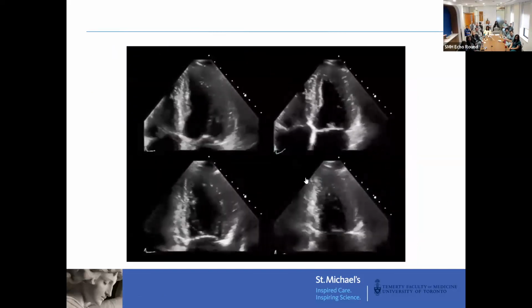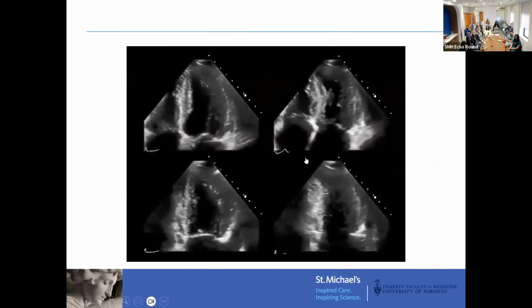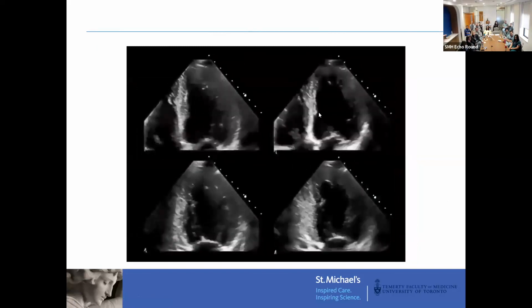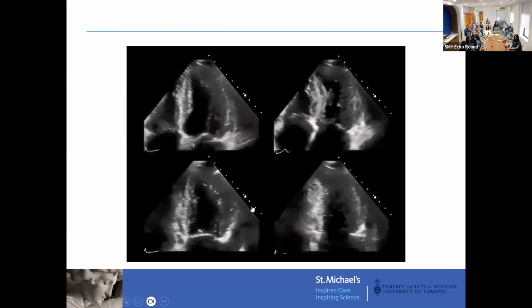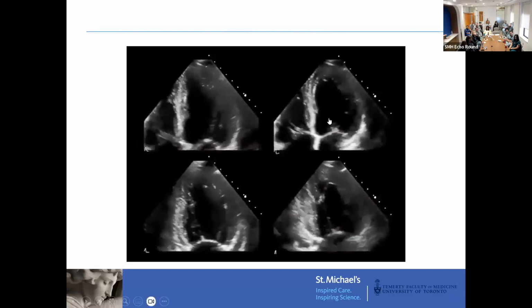This here is actually, it's annoying that it's not projecting as a loop, but I just wanted to focus on the basal segment here. It looks like it may be a little bit hypokinetic. It's often overcalled, and it's just the importance of looking at whether the wall itself is thickening and not just focusing on the motion alone.